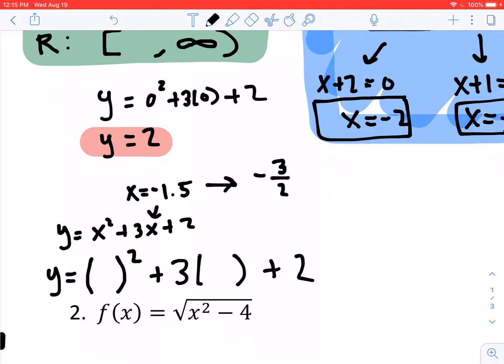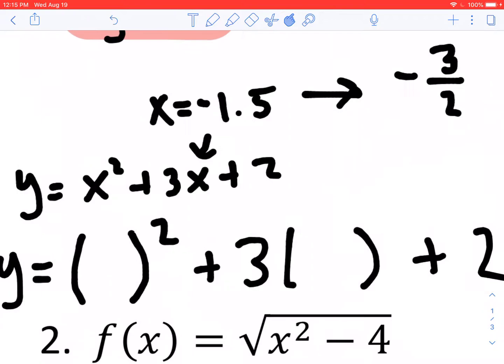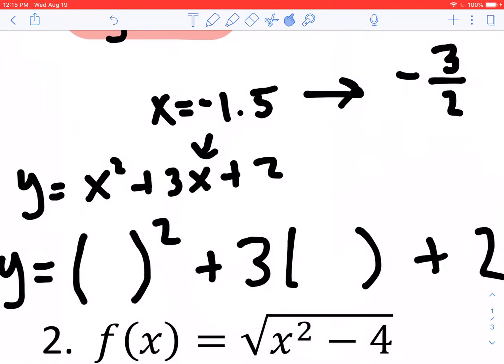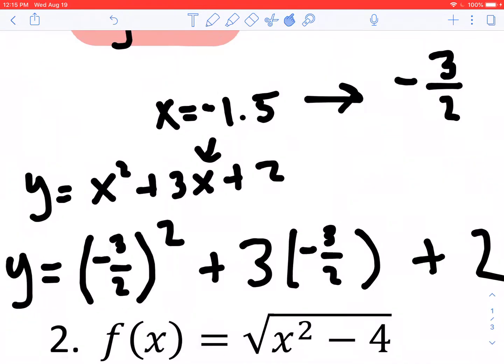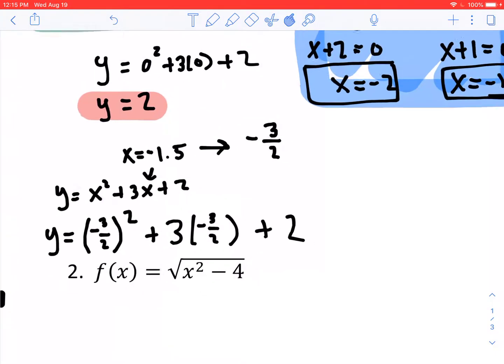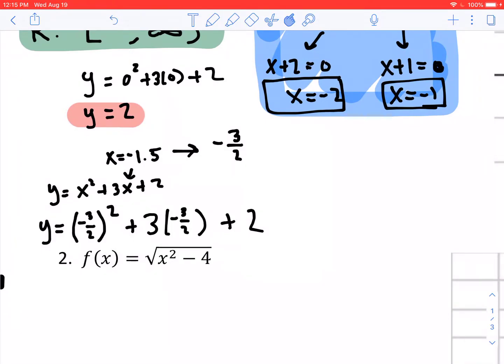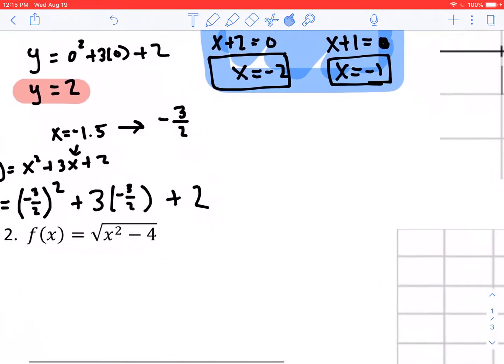So instead of negative 1.5, I'm going to call it negative 3 over 2. Just because, as we're going to see, it's a lot easier to multiply and to square fractions than it is to multiply and square decimals. But if you're comfortable using decimals, then by all means, go for it.